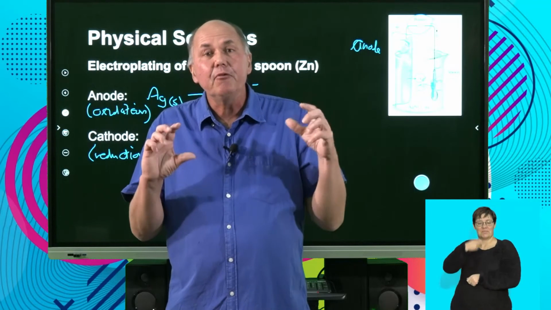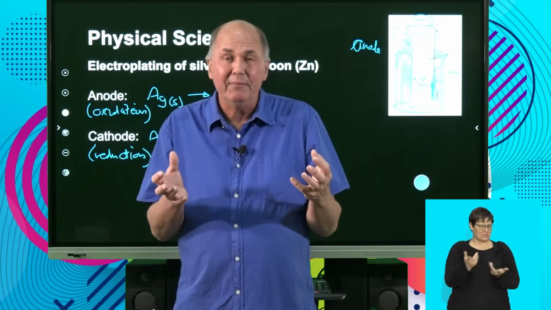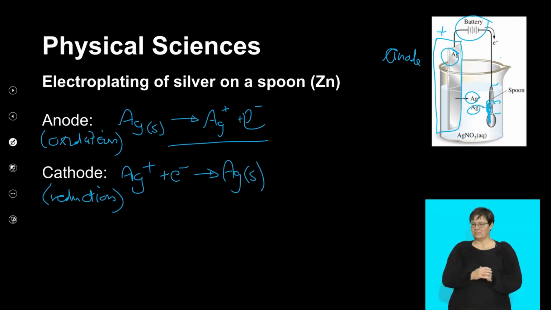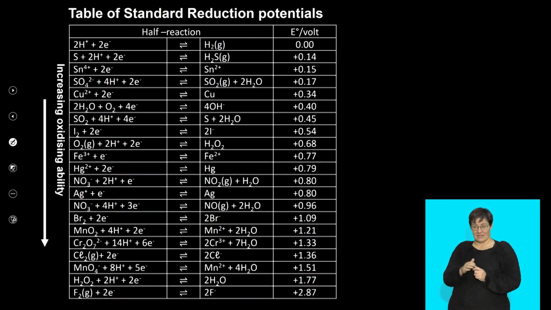Now, if we didn't have the battery, well, what do you think would happen? Well, I know we've done this before, so let's just have a look at it and remind you of what would happen. In the solution, we've got a zinc spoon, and way down on the next slide, on this table of standard reduction potentials, we've got a silver electrode. Which one is the better reducing agent?